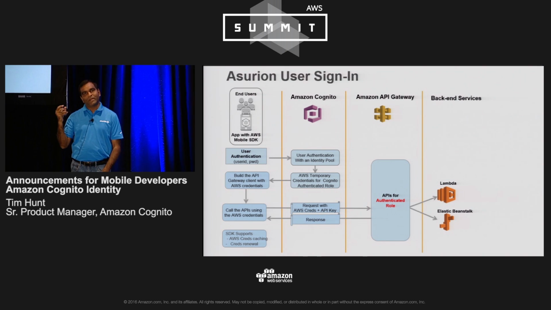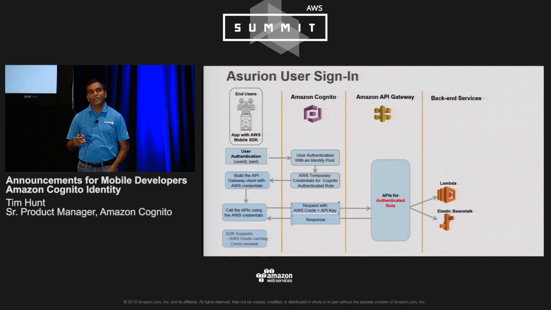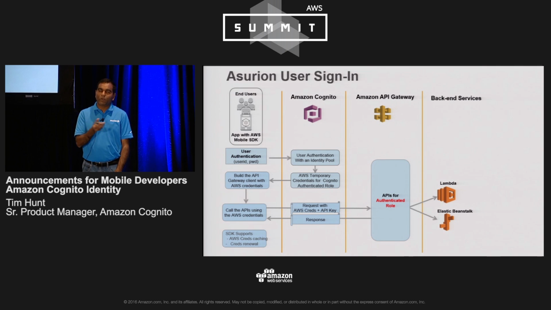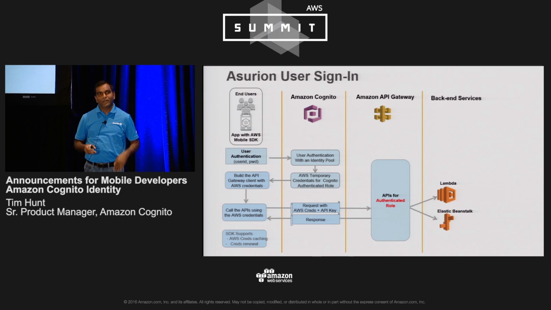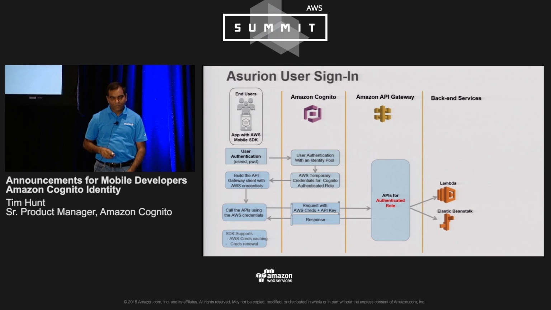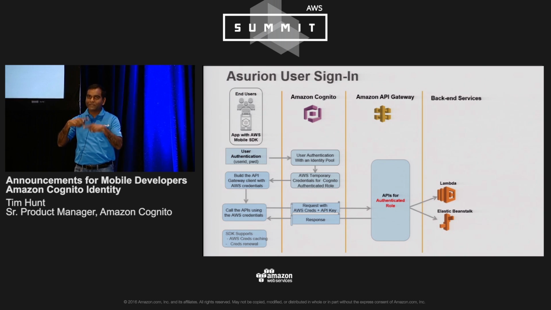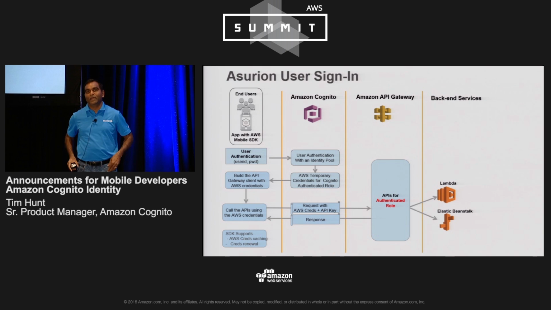And once you have the temporary credentials, you have access to the AWS APIs based on your IAM roles and IAM policies, because those temporary credentials bring an IAM role to the end user or to the device. By virtue of that, you can limit what that device or that user could access on the back end. Also, the refresh token, renewing the token and the whole token lifecycle is all handled by their SDK.